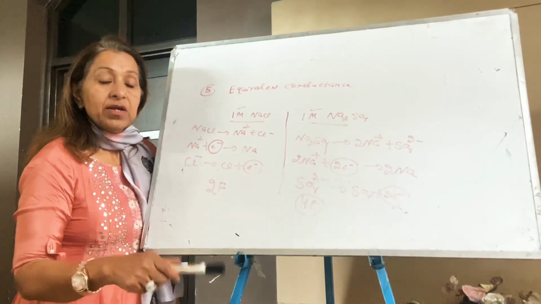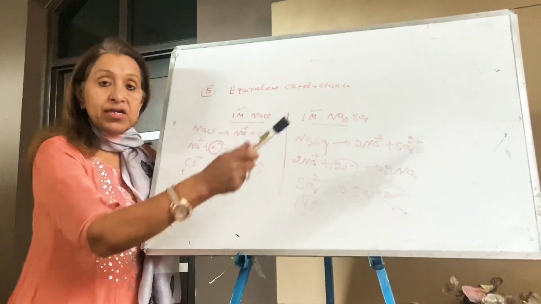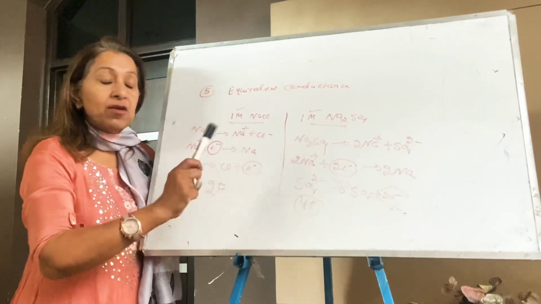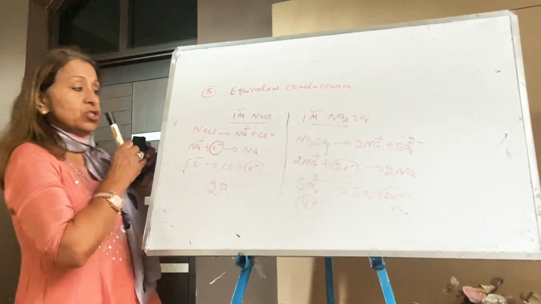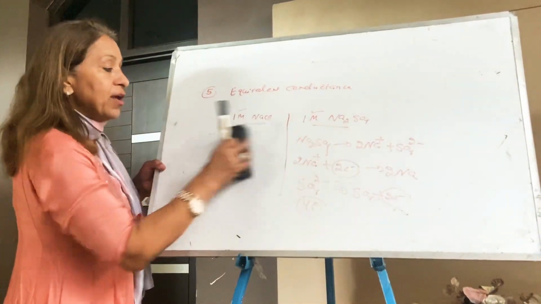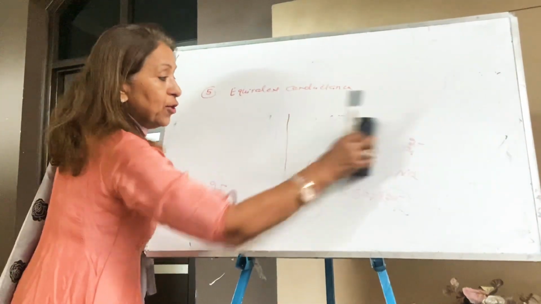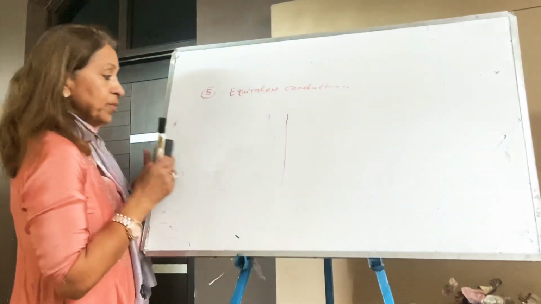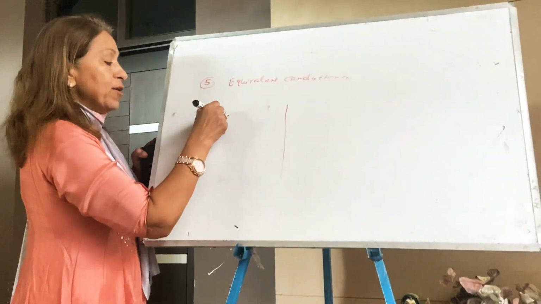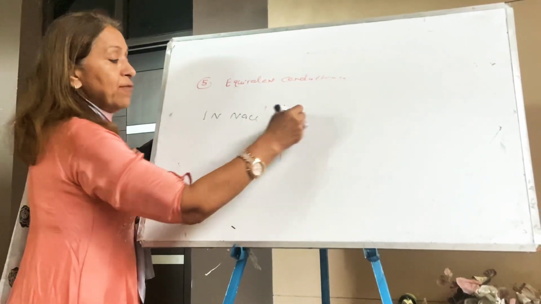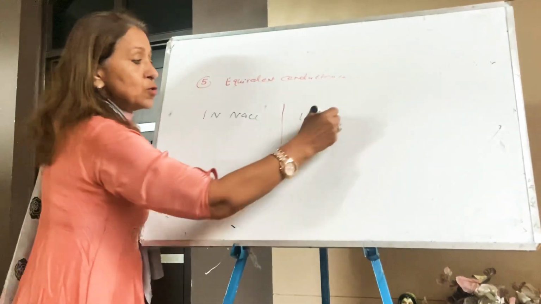Then they said, in spite of taking 1 M each, we should take 1 gram equivalent of each. Now I'm taking 1 gram equivalent of each, not 1 M each. 1 gram equivalent means 1 normal. Remember, write down 1 normal NaCl and 1 normal sodium sulfate.